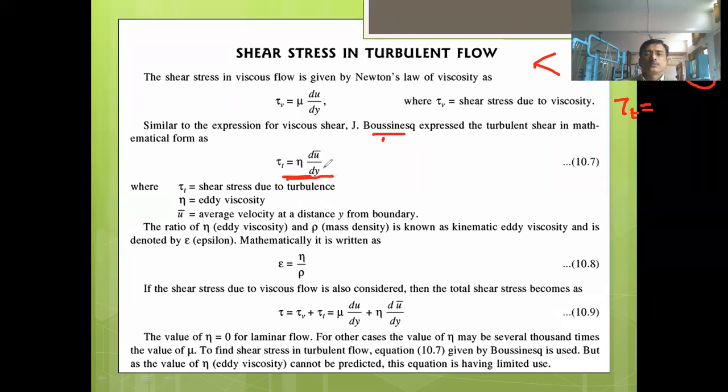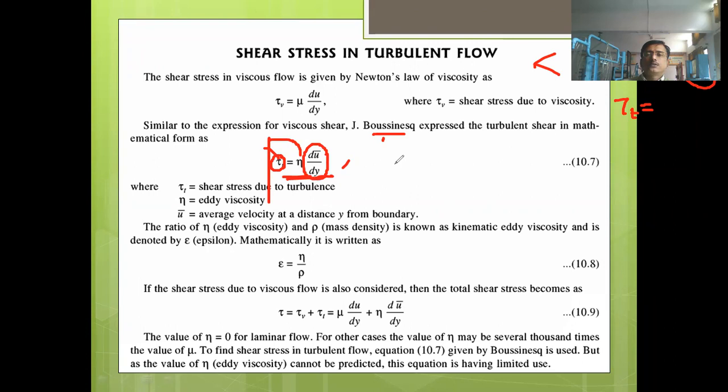Here tau T is the shear stress due to turbulence. Turbulence will create another shear stress. Eta is the eddy viscosity, and du bar by dy is the velocity gradient.